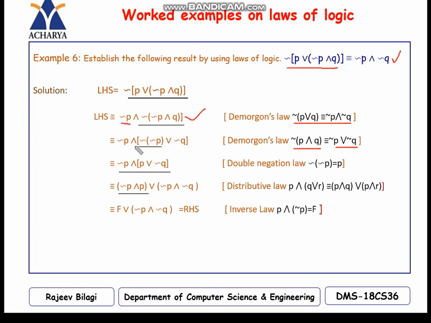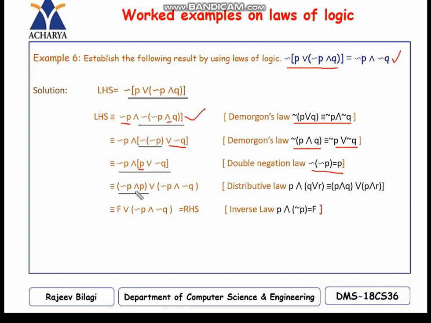So here it will be ¬¬P, and becomes or, ¬Q. Next step, double negation of P is what? Only P. This is the double negation law. And P or ¬Q, I have written the same.